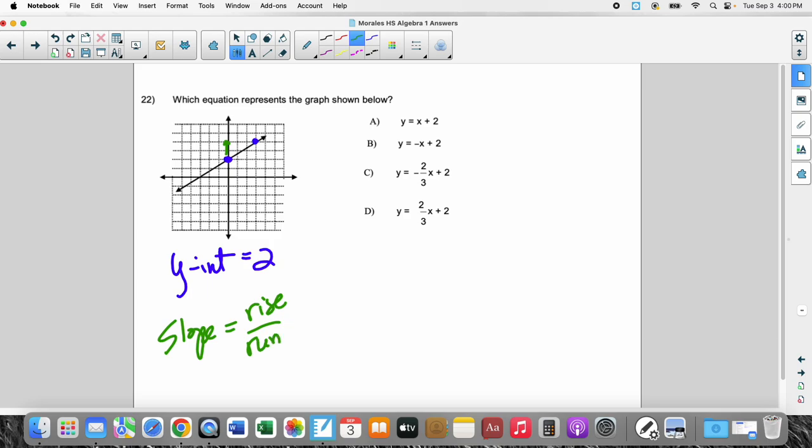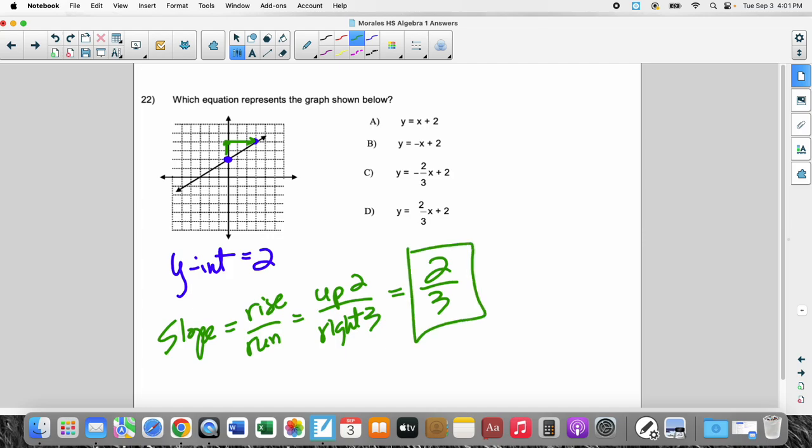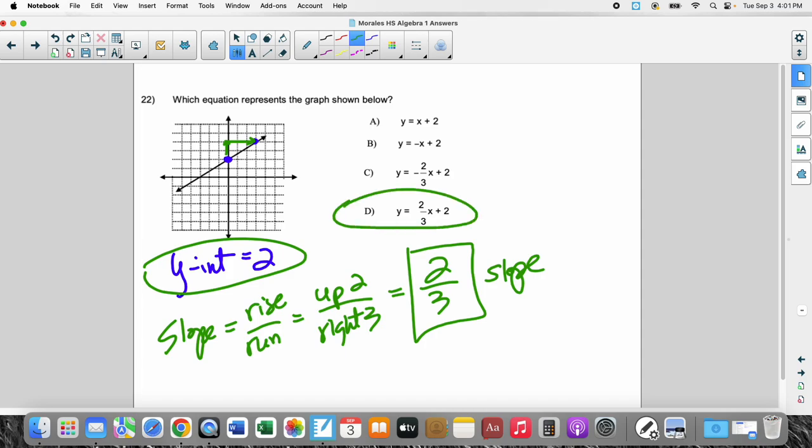So going from one point to the other, I go up 2, and then I go to the right 3. So up 2 is positive 2, right 3 is positive 3. This is my slope. So which line has a slope of 2/3 and a y-intercept of 2? That would be D. Finally got a D. It's been a while. We've yet to have a D answer.